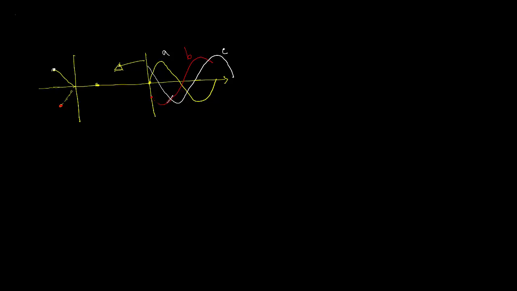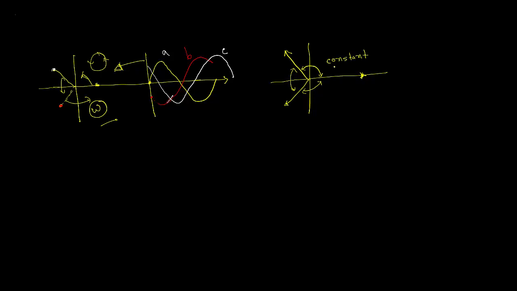If these three particles rotate with the same angular velocity, which is omega, and in the same direction, then with respect to the first particle, the angular difference between these three particles will always be constant, and for a balanced circuit we all know that the angle will be 120 degrees. So that's why a complex wave can be represented by vectors.